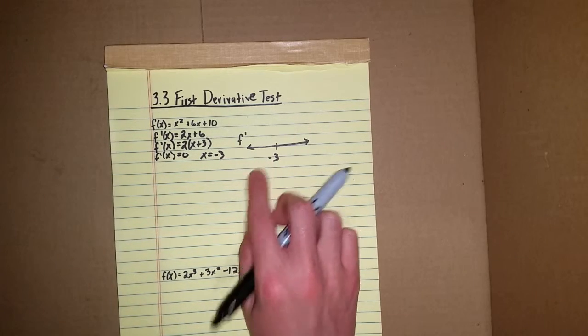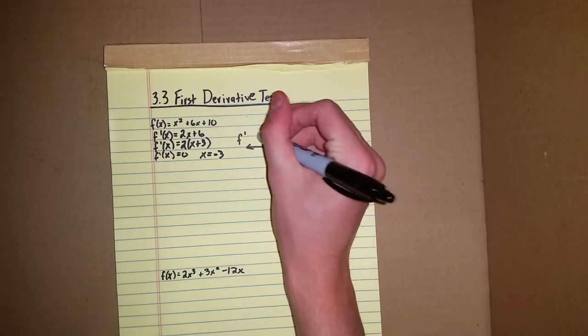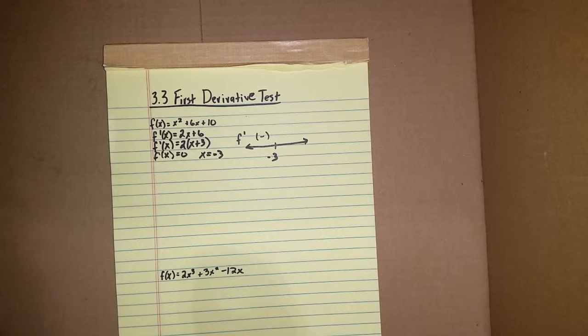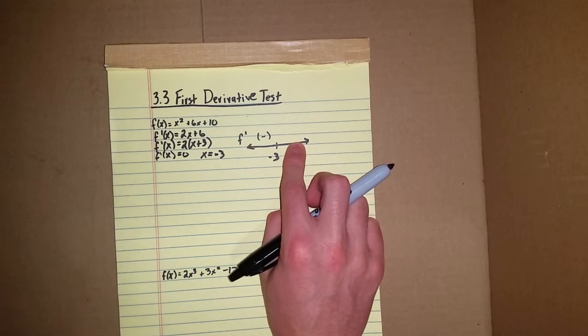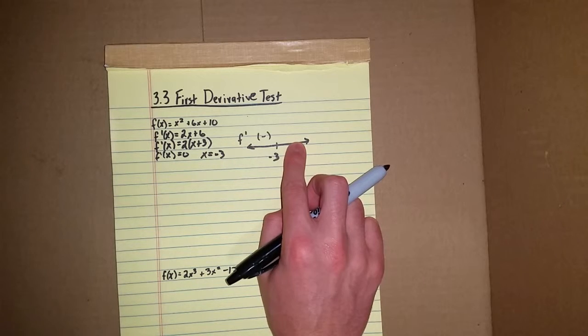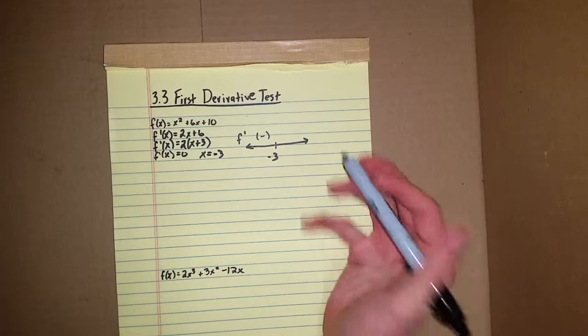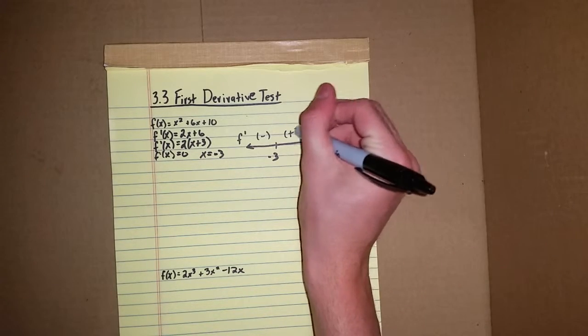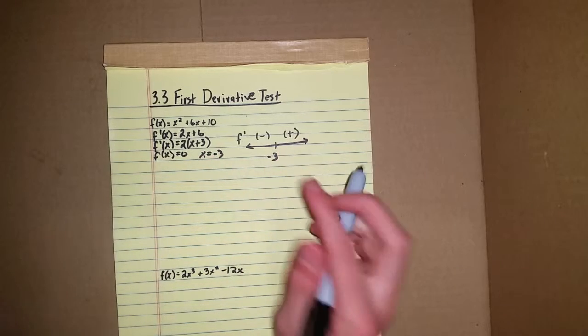So we can pick negative 1,000, plug it back into f prime, and this number is going to end up being negative. Then you're going to do the same thing on the other side. Pick any number greater than negative 3. Let's pick 0. This number is going to end up being positive. You just plug it back into f prime.